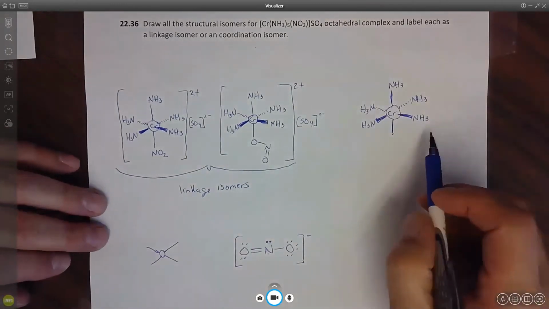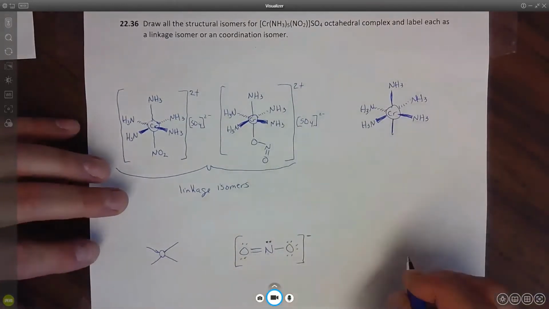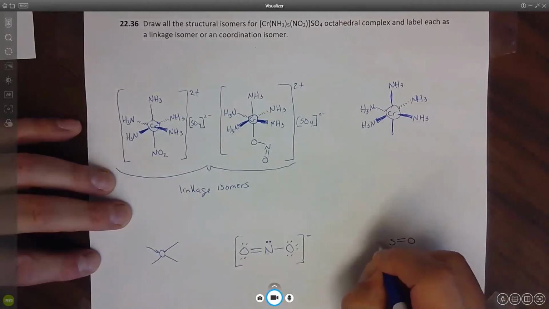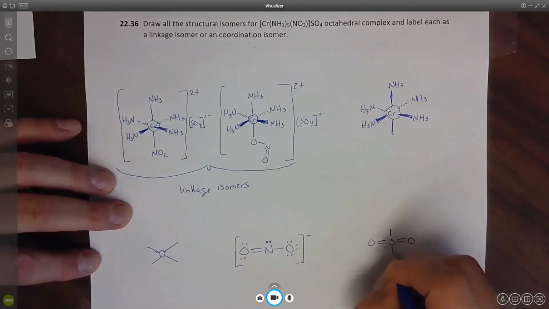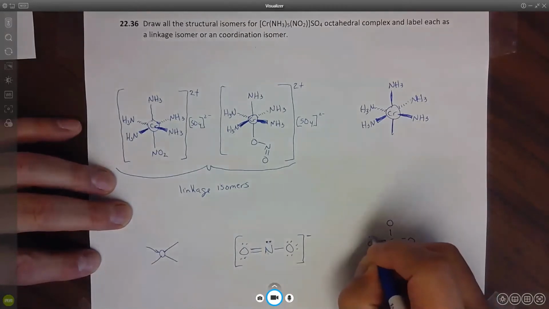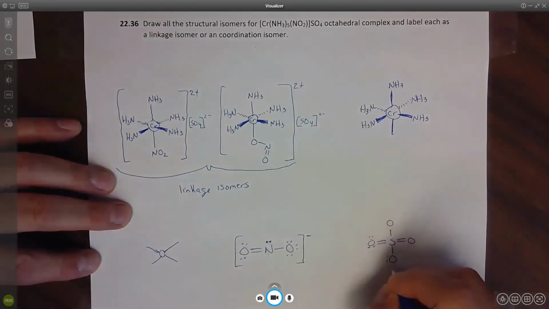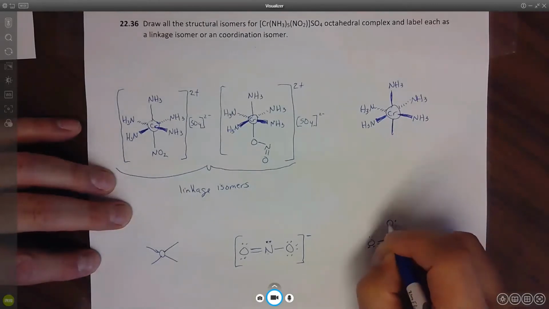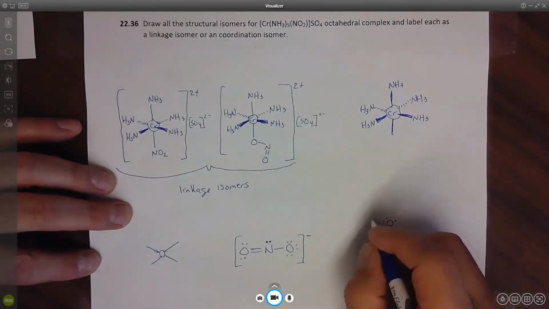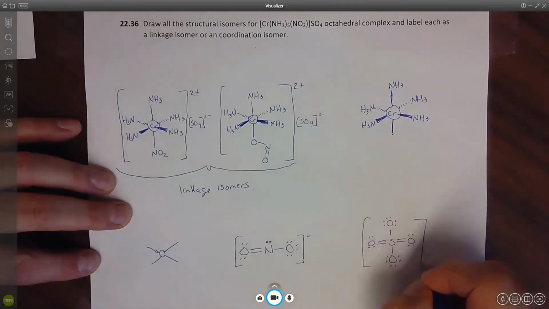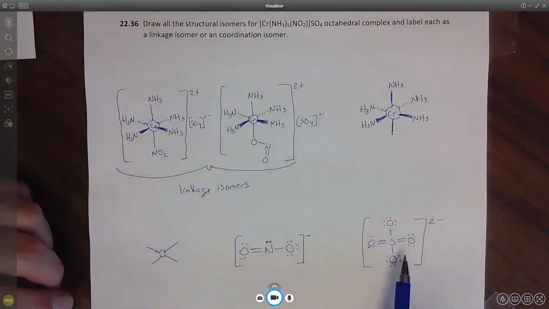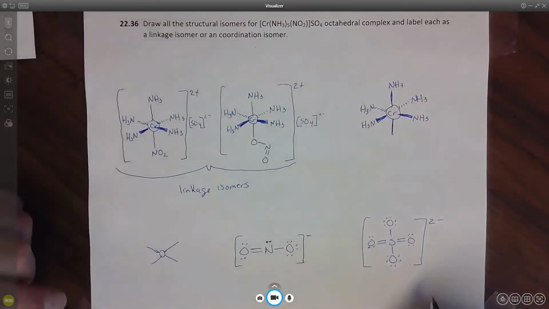And now this time it is going to be the sulfate. Now the sulfate has a structure that looks like this. And so it is going to form a coordinate covalent bond with either one of these oxygens. Again, it's not going to form it with a double bonded oxygen.